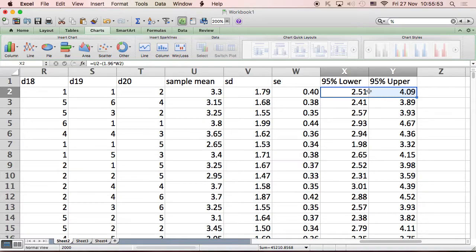That is how the 95% confidence intervals come from.